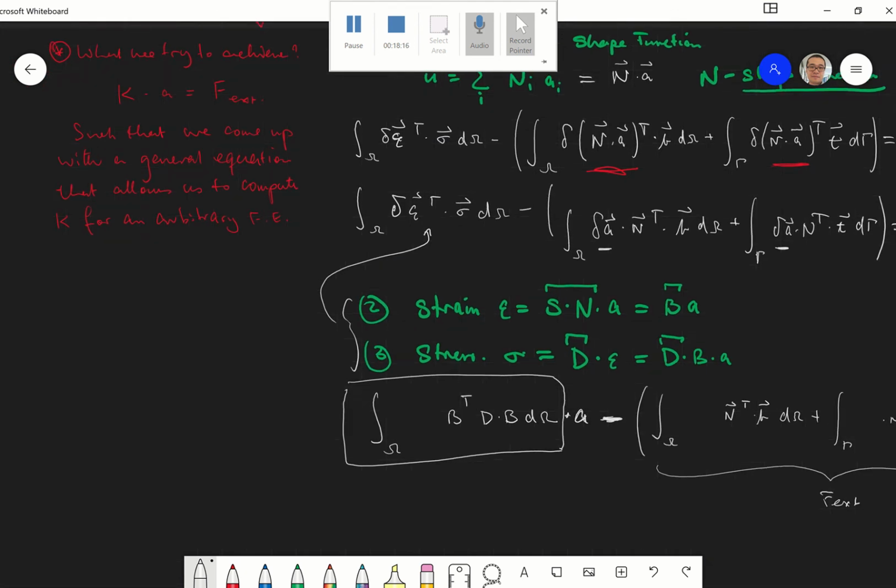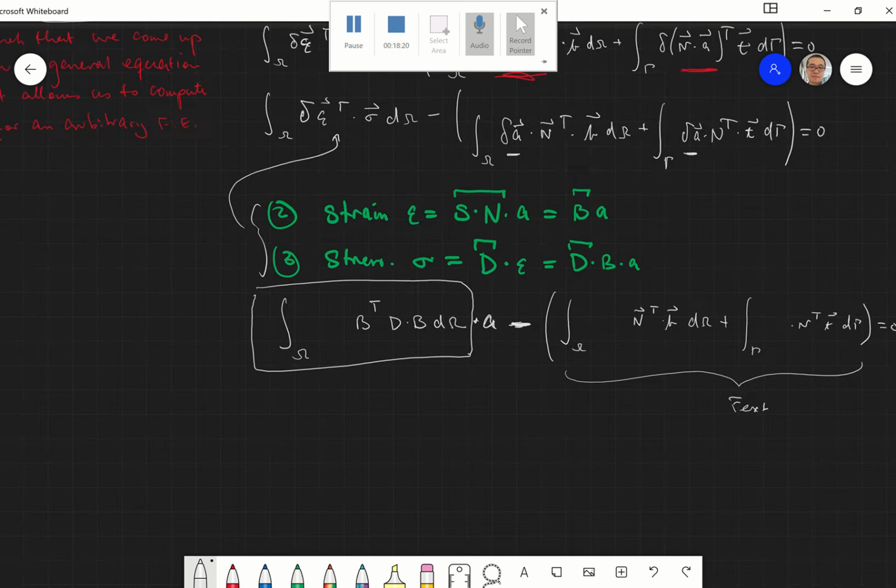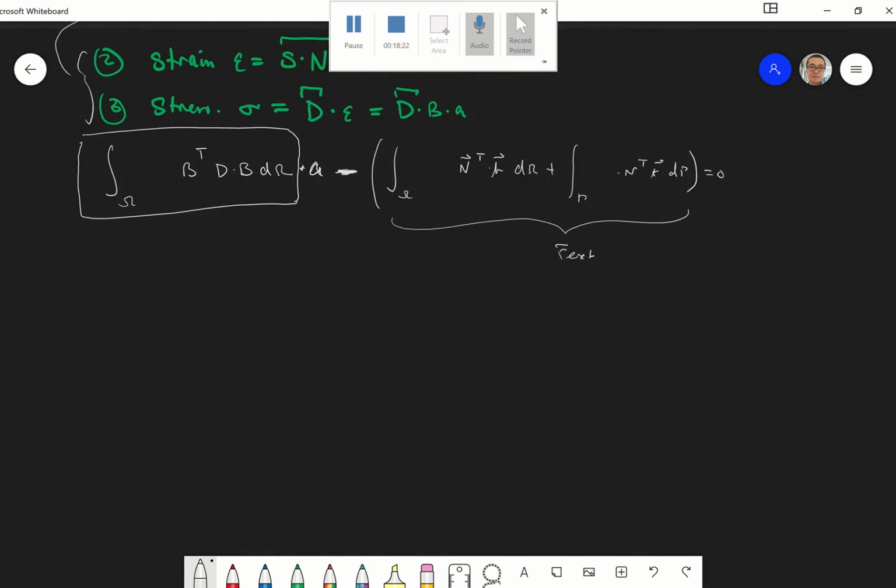So we end up with an expression that looks like this. Right? So we have the integral over omega of B transpose dot D dot B d omega times A equal to some external force, right?